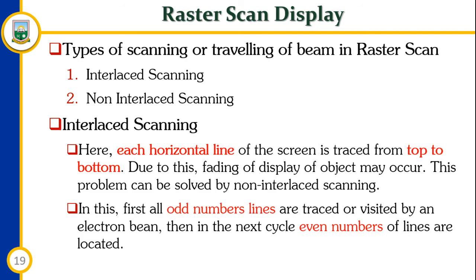Now, here under the interlace scanning, each horizontal line of the screen is traced from the top to the bottom. Due to this, the fading of the display of the objects may occur because we have to draw each horizontal line of the screen. Because it is traced from the top to the bottom, it gets to a point where there is a fading of the display of the object occurring.